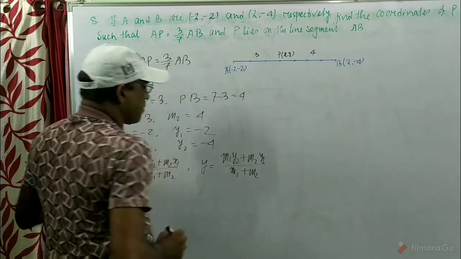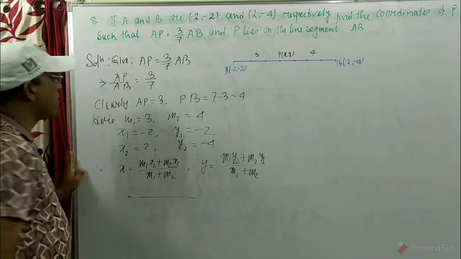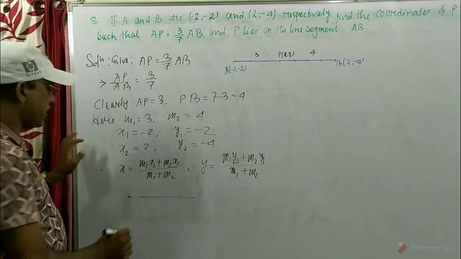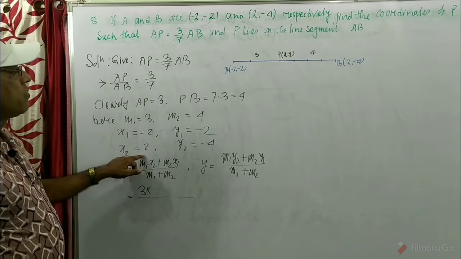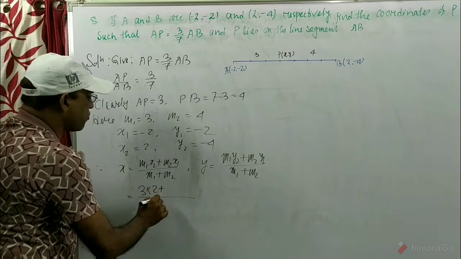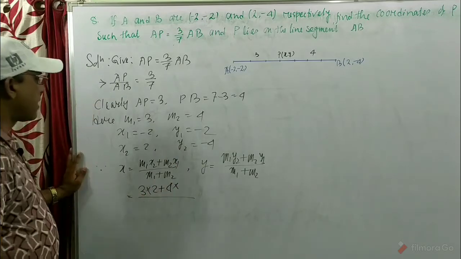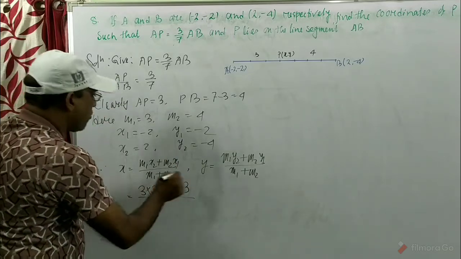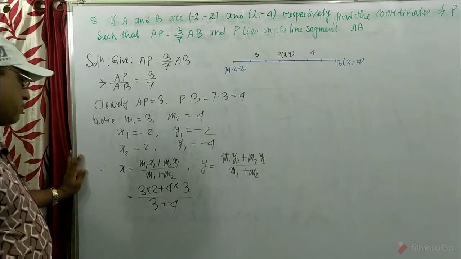This is our section formula. Now putting the values: m1 is 3, x2 is 2, m2 is 4 and x1 is -2, m1 + m2 is 3 + 4.